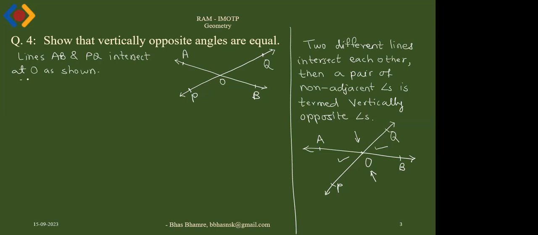Then we need to prove that angle AOP is equal to angle BOQ and angle AOQ is equal to angle BOP. When two lines intersect, we get two pairs of vertically opposite angles.